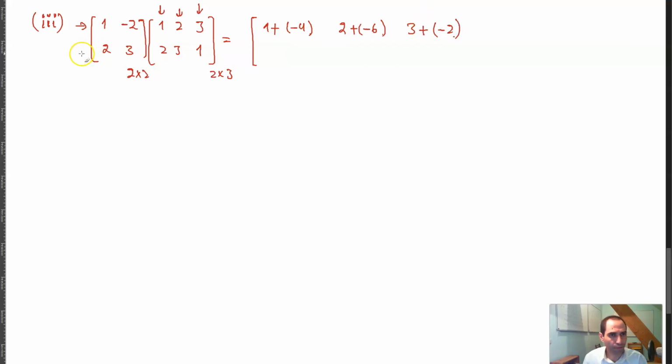And then you have this row times this column is 2 times 1 is equal to 2 plus 6. Then you have 2 times 2 is equal to 4 plus 3 times 3 is equal to 9. And over here you have 2 times 3 is equal to 6 plus 3.